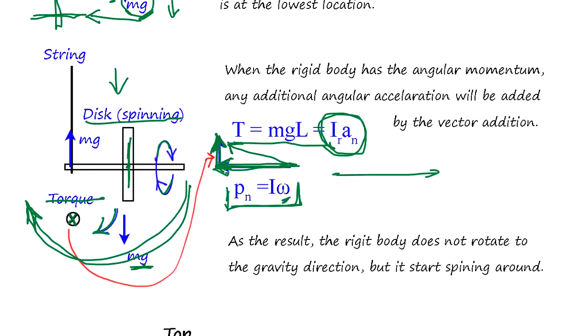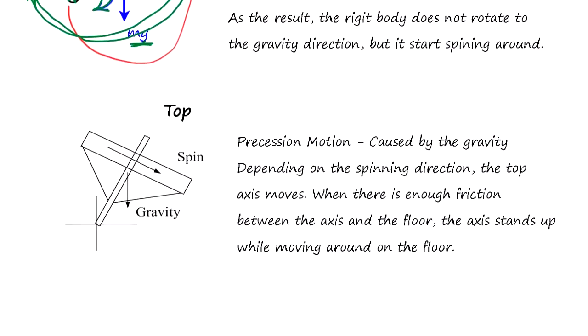Okay. You see that in the top too. The precession motion on the top is when it's tilted a little, gravity is going to add a rotational vector together with the top's spin, depending on which direction it's spinning, either this way or this way.